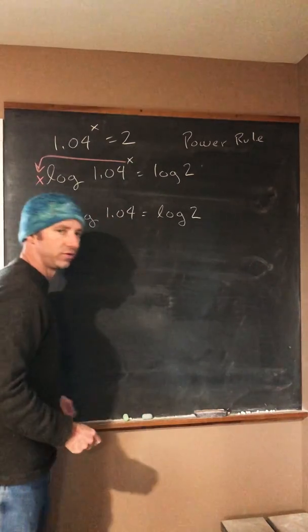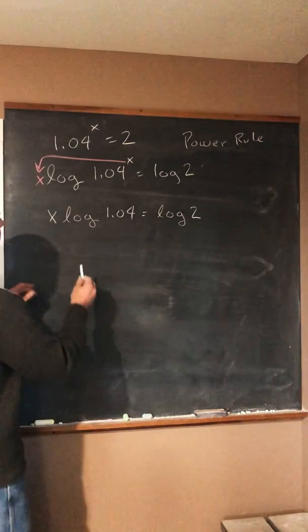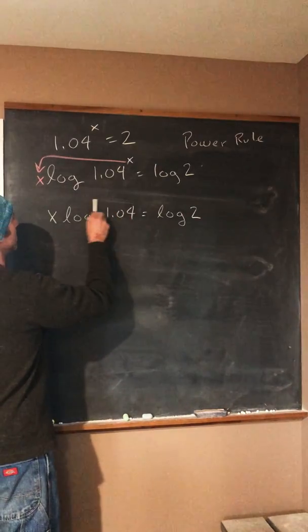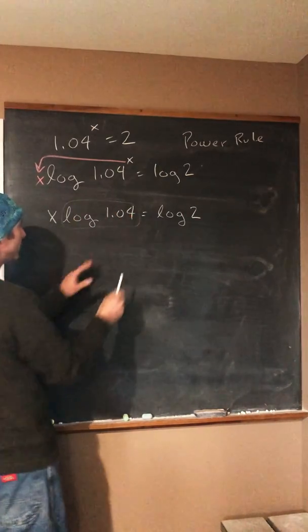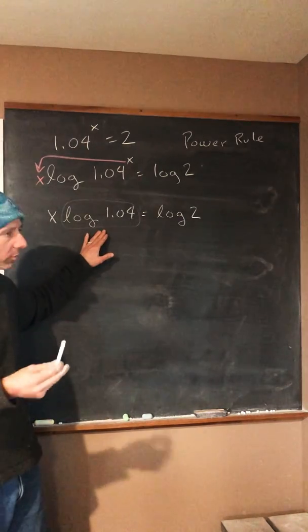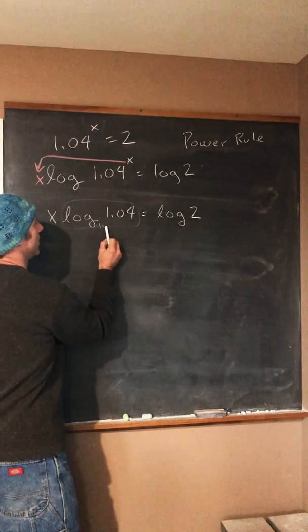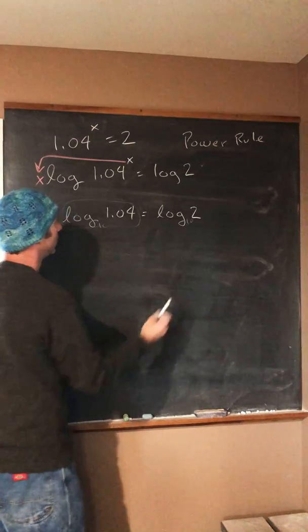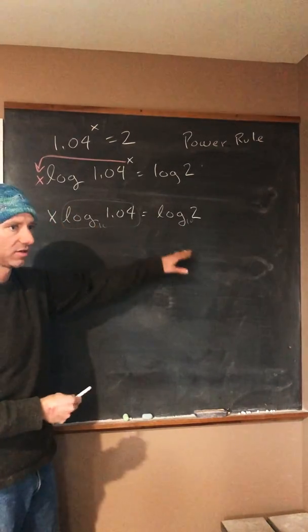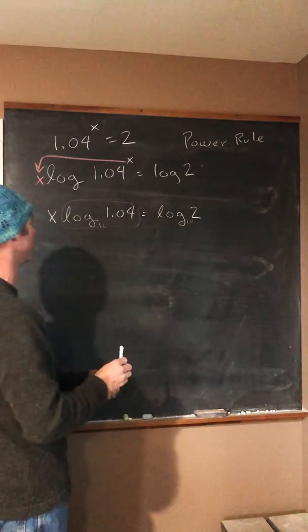So before I go too far, keep in mind that that is just a number. It's a number on your calculator. Log, now I didn't write the base, but it's log base 10. Okay? This is just a number, that's just a number. We know how to use numbers.